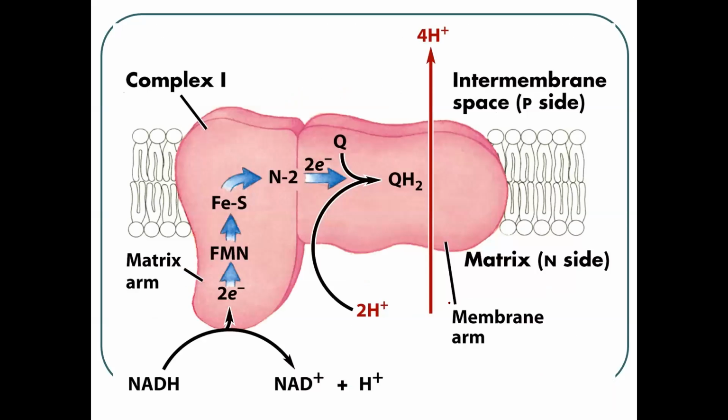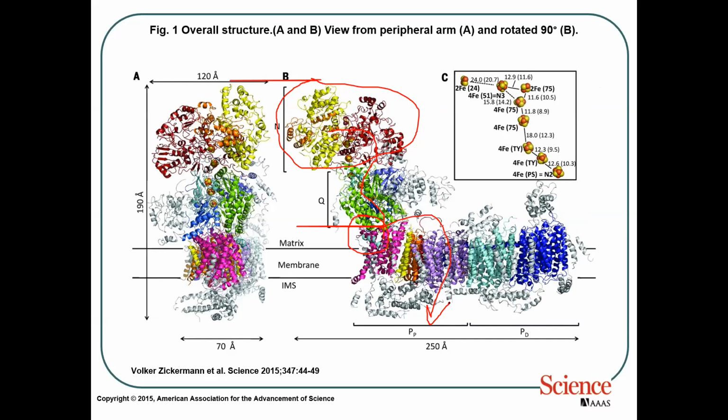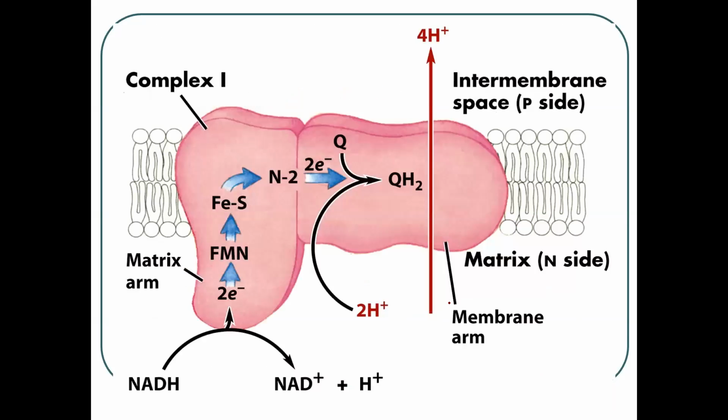And if you take this, flip it upside down, you get here. So you pass all this to a flavin, then it goes to a series of iron sulfur centers, eventually going to a ubiquinone binding site, and these protons get extruded across the membrane.